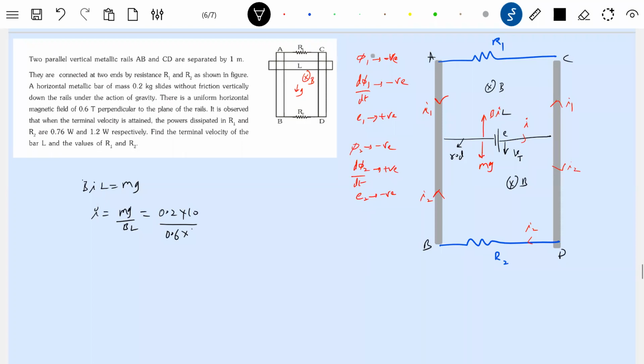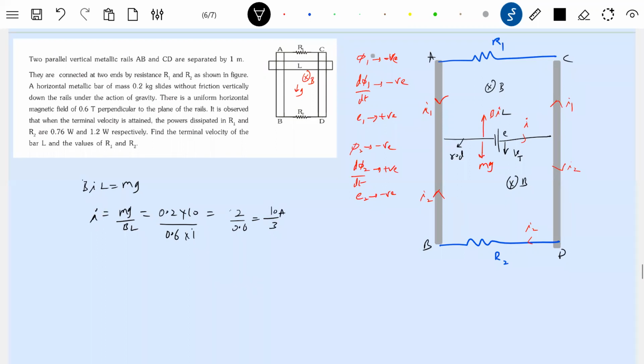Length of the rod is 1 meter. 2 by 0.6, or 10 by 3 ampere. This is the expression for current.